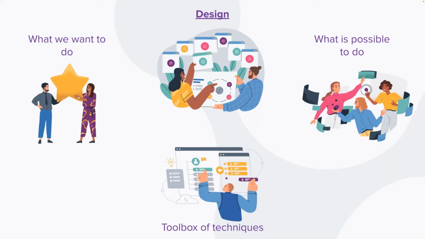All these things constrain and create possibilities for what you want to do. And then we have our techniques, of course, methods and patterns and tools and Stack Overflow answers and all the other stuff that you can use to help you understand design, or understand what you want to do in combination with what's possible to do.